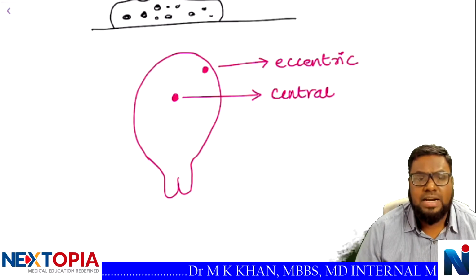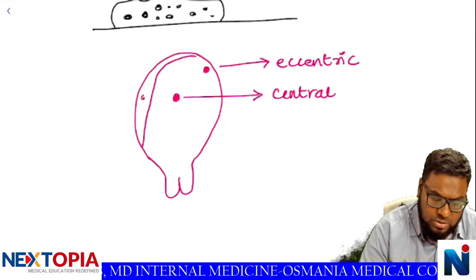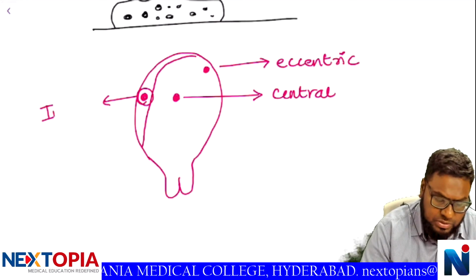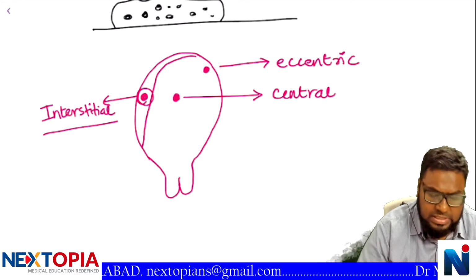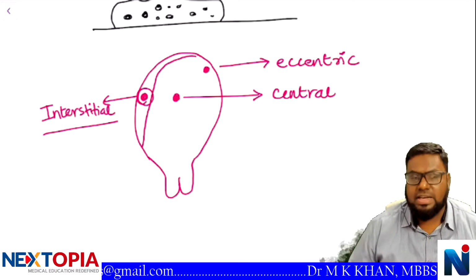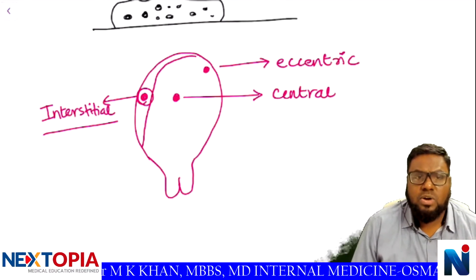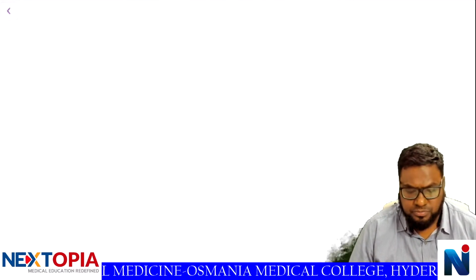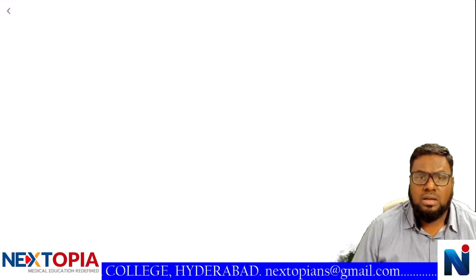And interstitial implantation sometimes occurs. If this is the uterine wall, implantation inside the wall is called interstitial implantation, resulting in interstitial pregnancy, which is very difficult to develop into a normal fetus, and sometimes abortions occur. Fetal loss occurs.